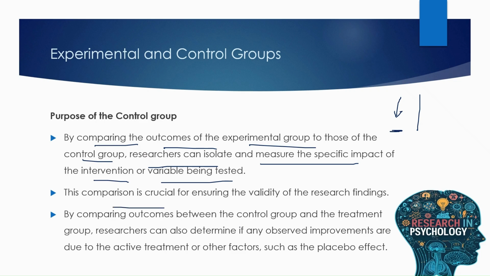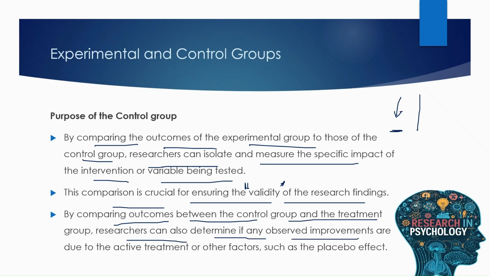This comparison is crucial for ensuring the validity of the research findings. The control group enhances the validity of the research findings, and by comparing outcomes between the control group and the treatment group, researchers can also determine if any experimental improvements are due to the active treatment or other factors such as the placebo effect, right?